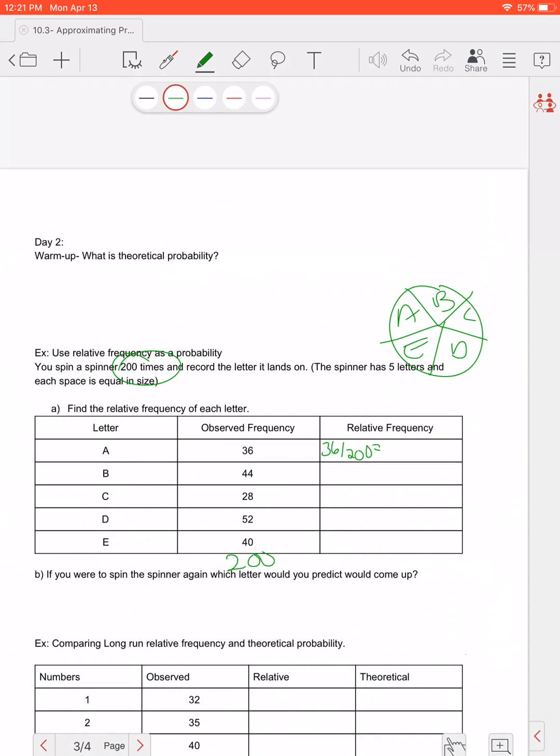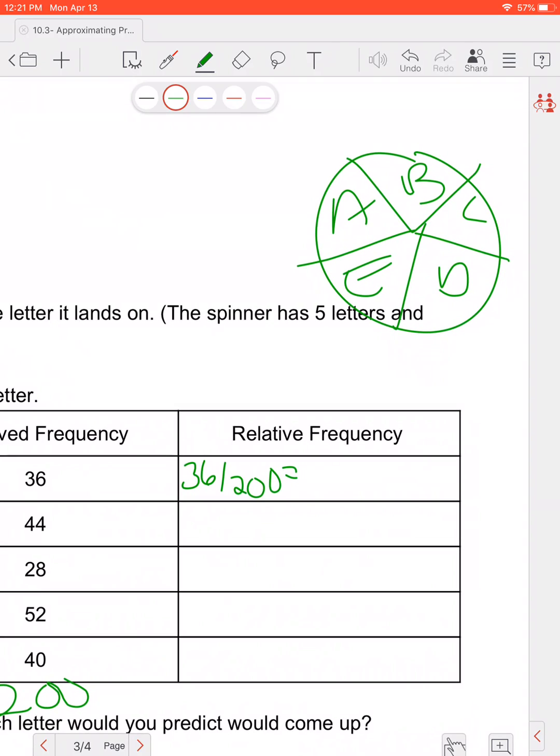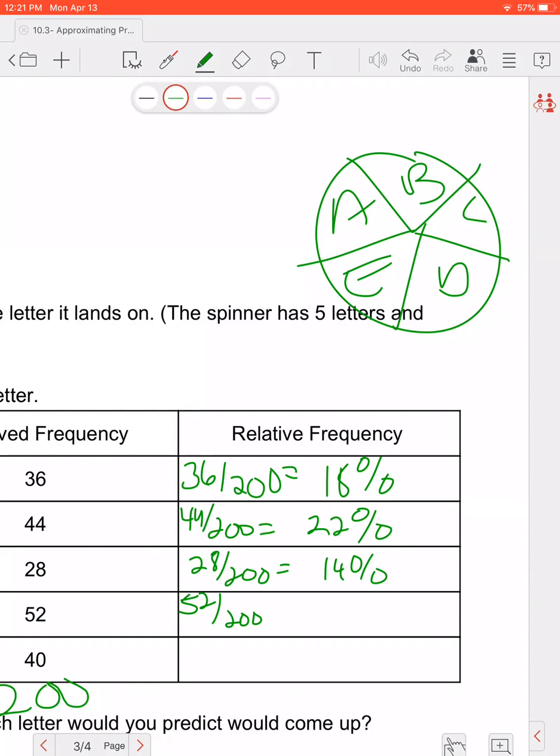It doesn't tell me how to put this, so I'm going to put it in percentages just for giggles. So 36 divided by 200 would be 18%. 44 divided by 200 would be 22%. 28 divided by 200 is going to be 14%. 52 divided by 200 is going to be 26%.